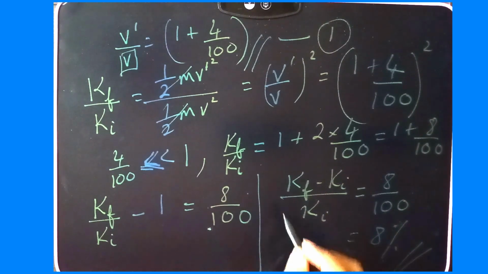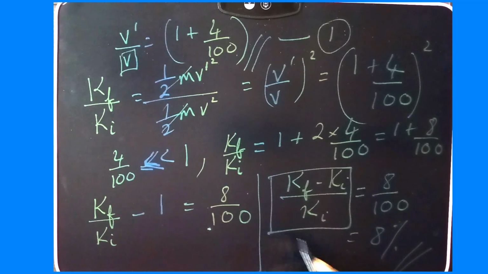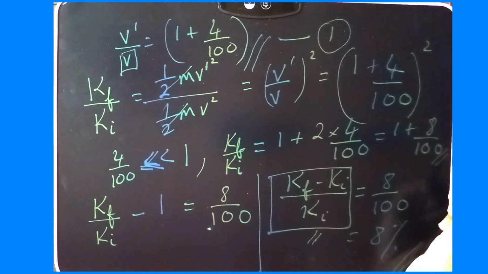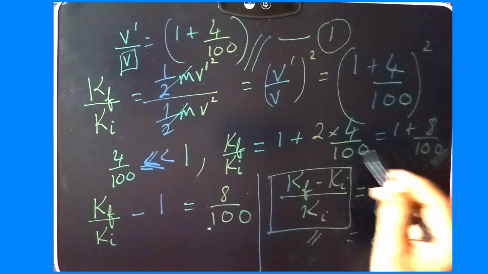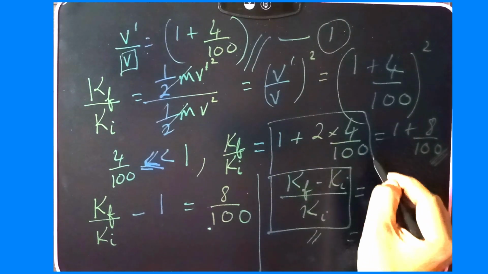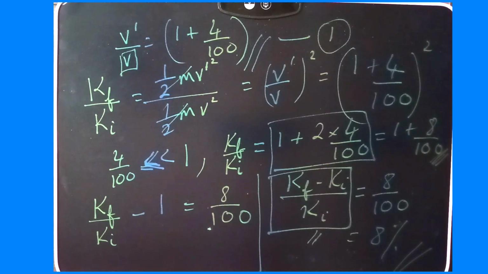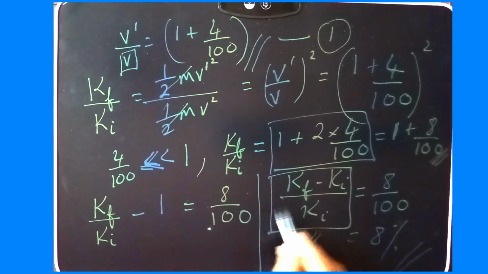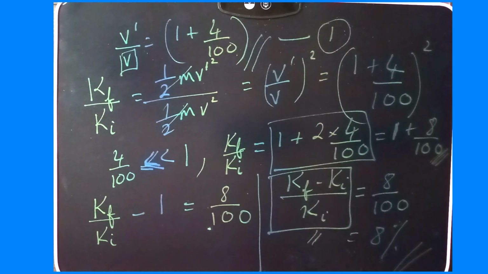Basically, we were asked the percentage change in energy. That means the final kinetic energy minus initial divided by the initial kinetic energy. After using binomial approximation, we got this formula. Then we moved 1 to this side and solved it. We got the percentage change in kinetic energy, which is the answer.